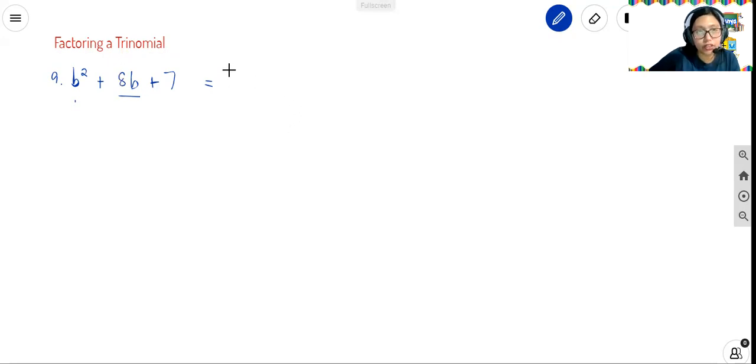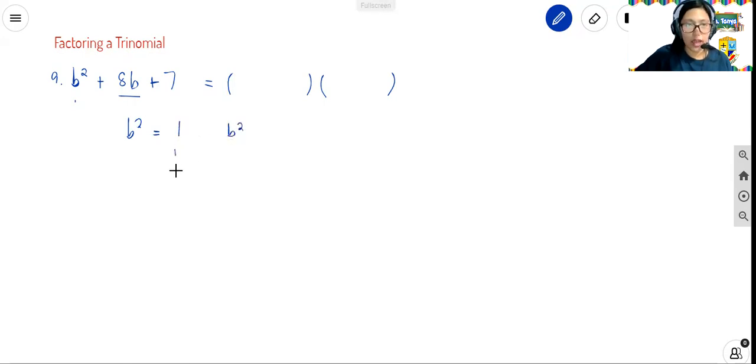So the factor of a trinomial is two binomials. I will put here two parentheses, open and close, to indicate the two factors. Again, our factors here are two binomials. So let's factor first b squared. What can be the factors of b squared? We can have 1 and b squared, and we can also have b and b.